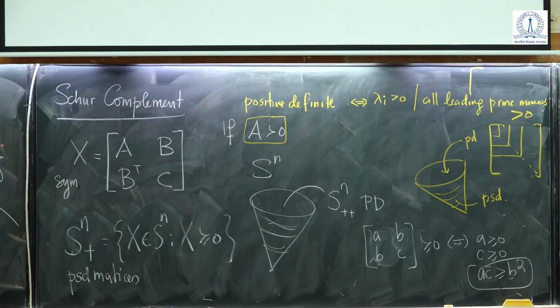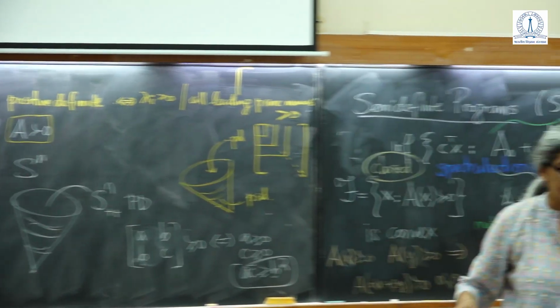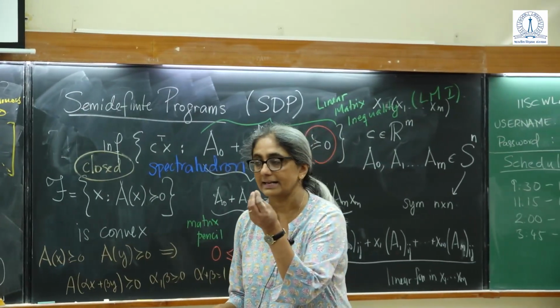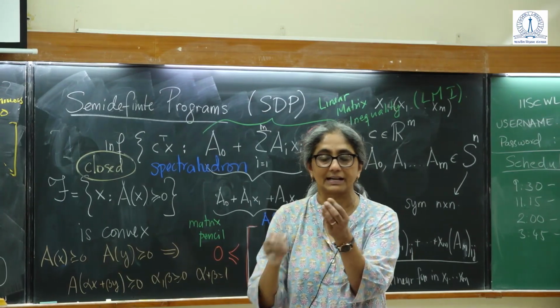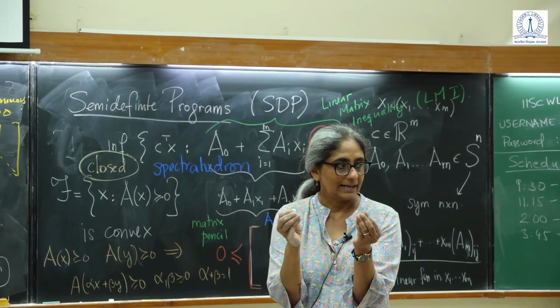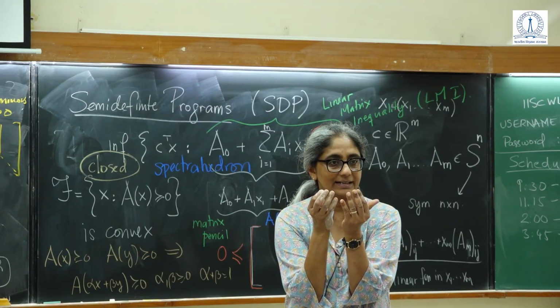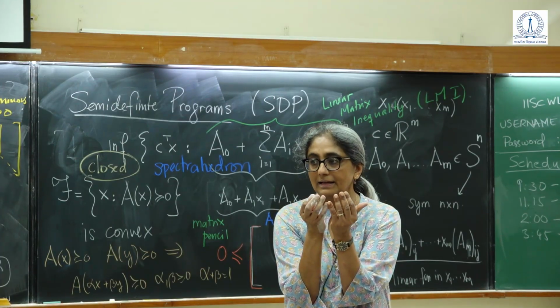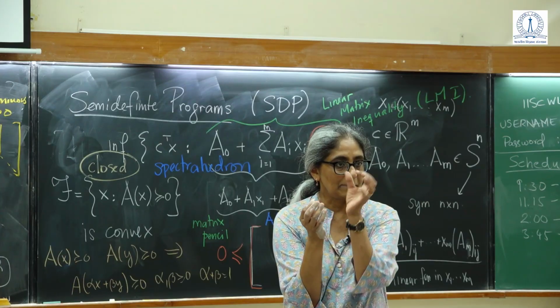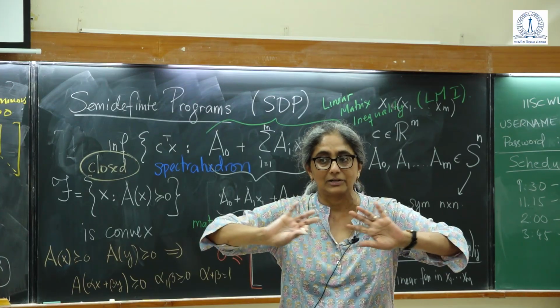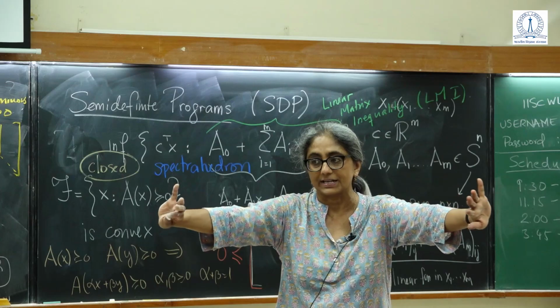So how do you show something is in the interior of anything? Yeah, you have to show there's a ball around it where everything is PD, right? Do you see why that is the case? If I have a matrix whose eigenvalues are positive, and you wiggle the matrix entries slightly, what happens to the eigenvalues? They still remain positive, right? You can make a small enough ball because eigenvalues are a continuous function of the entries.